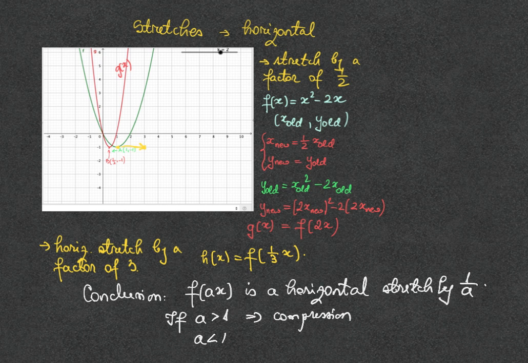If a is smaller than 1, then it's a dilation. This compression and dilation happen along the y-axis. So see how the point on the y-axis is fixed here, it stays as it is. It's fixed on the y-axis and it dilates or compresses away from or toward the y-axis.